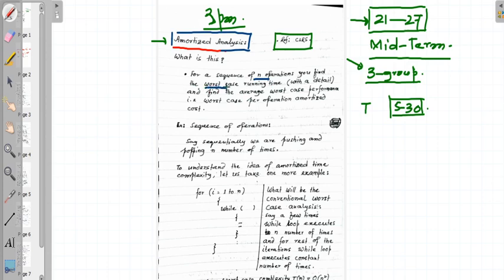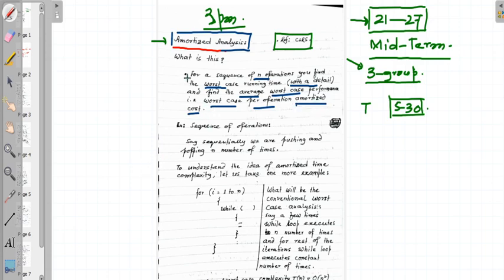But for amortized analysis, for a sequence of n operations, we find the worst case running time and find the average worst case performance. That means worst case per operation. That will be the amortized cost.